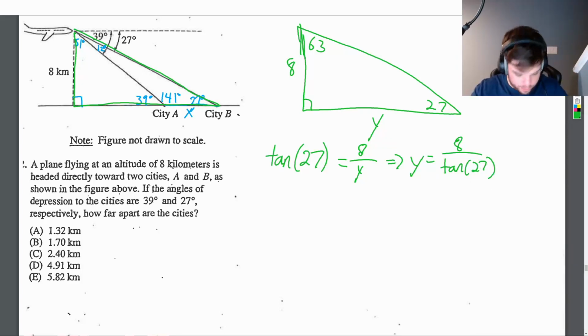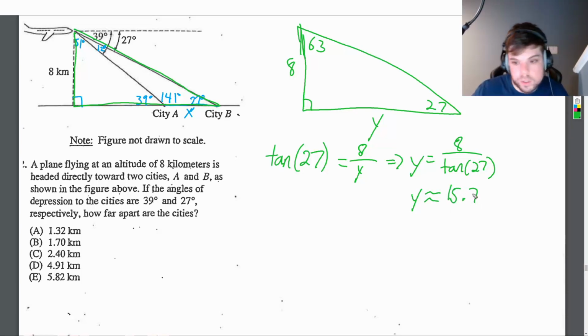So we can get y. That seems useful. 8 over tan 27. In my calculator, we're on degrees. So this is 15.7. We'll say y is approximately 15.7.